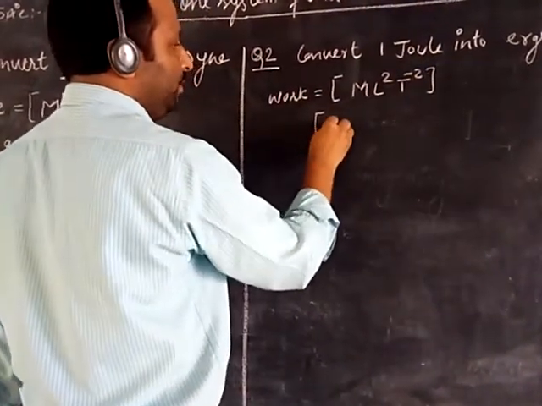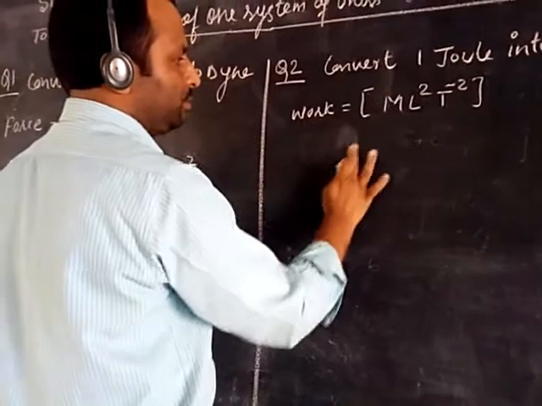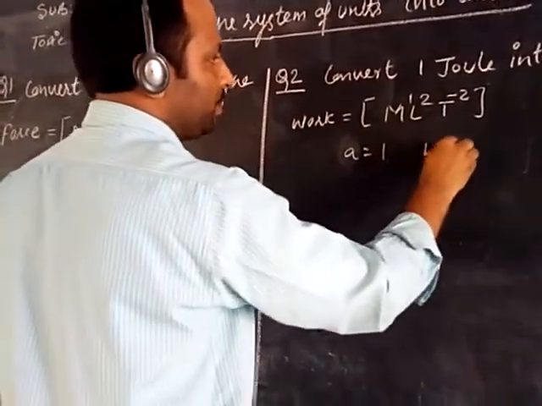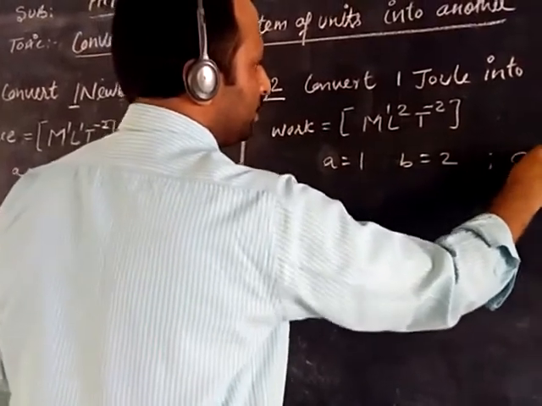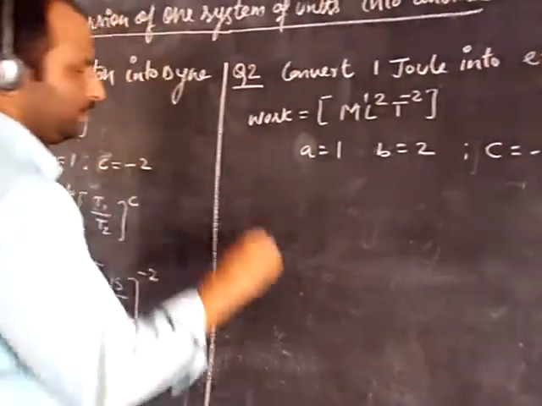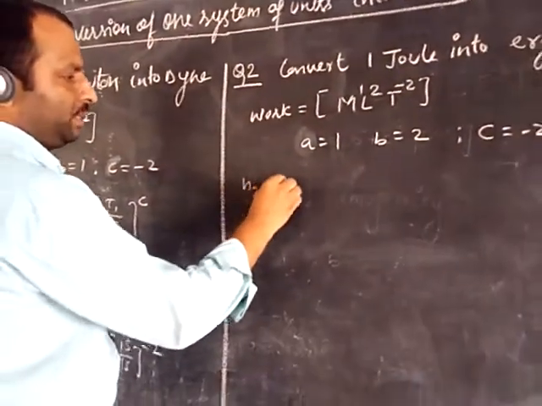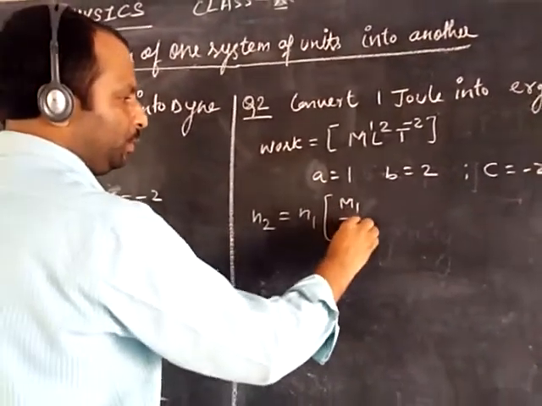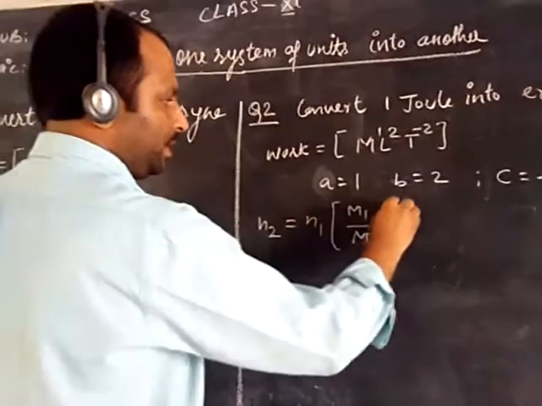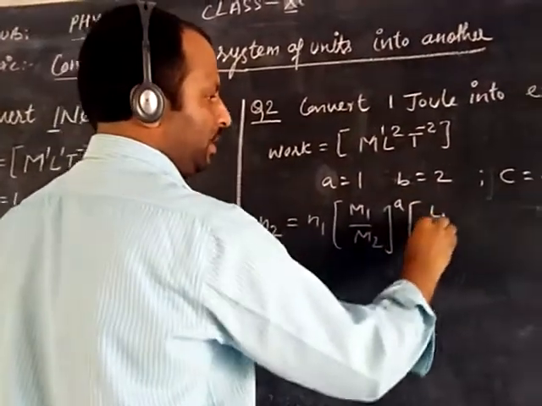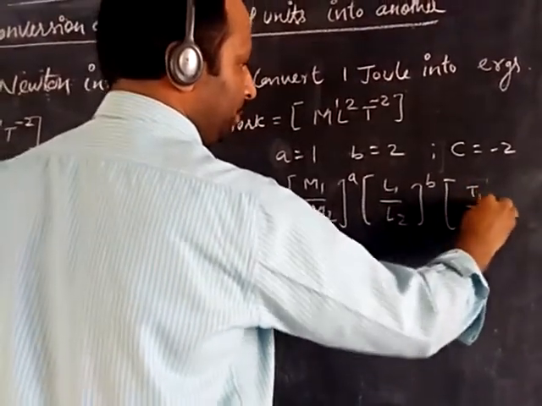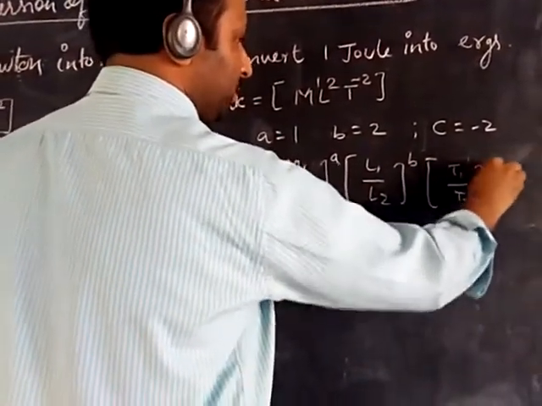From here we got the values of A is equal to 1, B is equal to 2 and C is equal to -2. Applying the same formula, N2 is equal to N1 M1 upon M2 to the power A, L1 upon L2 to the power B and T1 upon T2 to the power C.